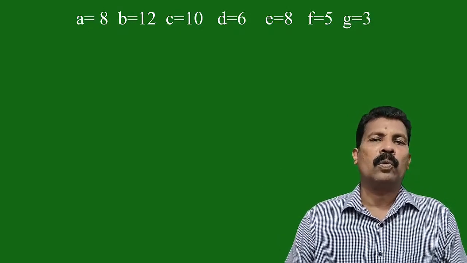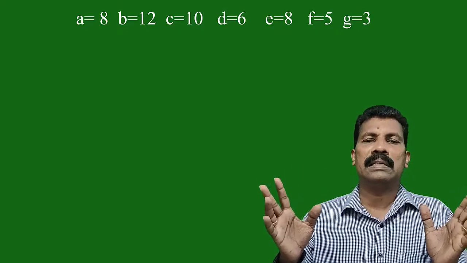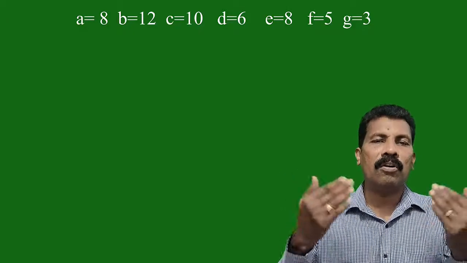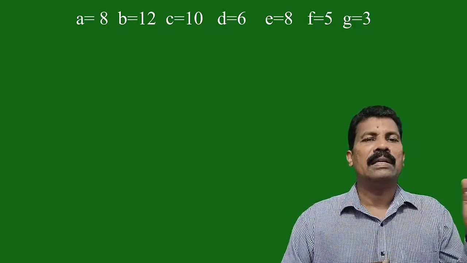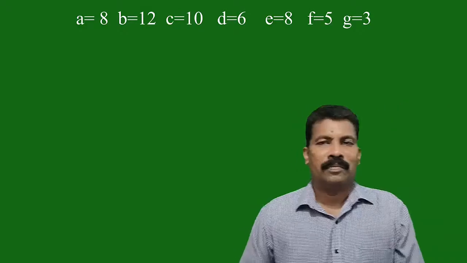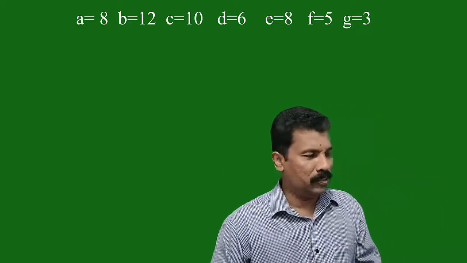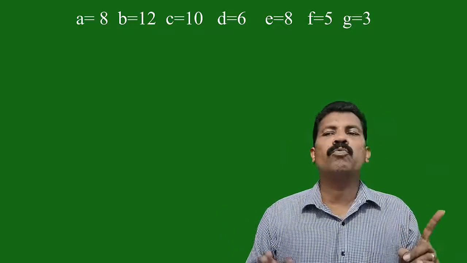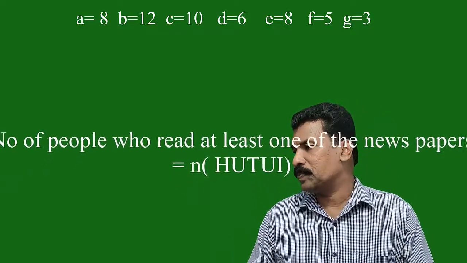Okay, so using these values, we can answer all the questions in this case study question. So how to do it? First of all, we have to find the number of people who read at least one of the newspapers.